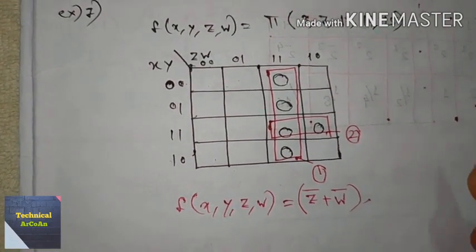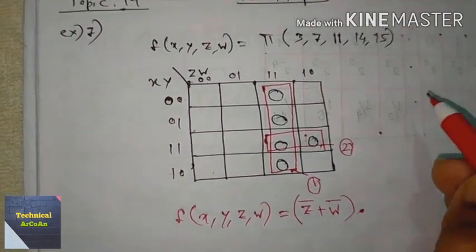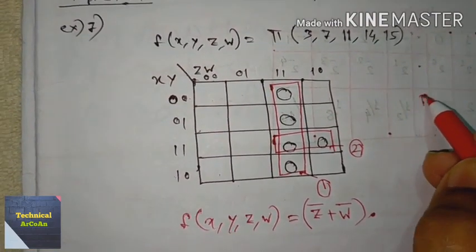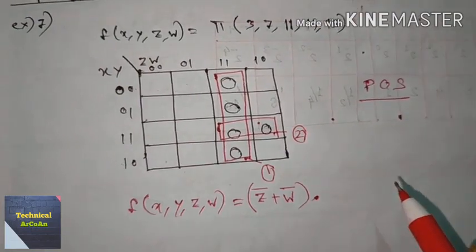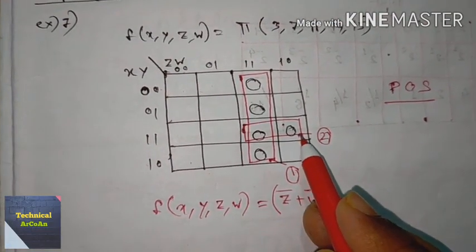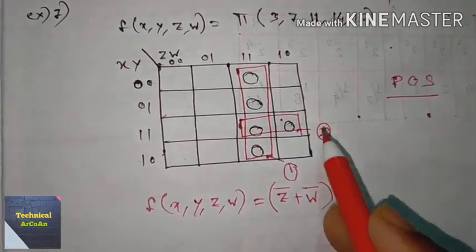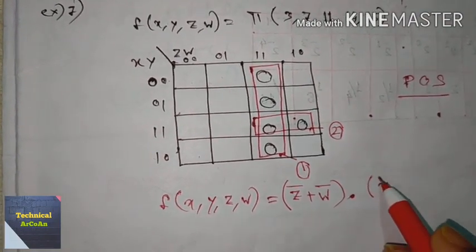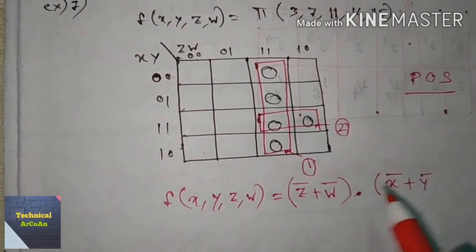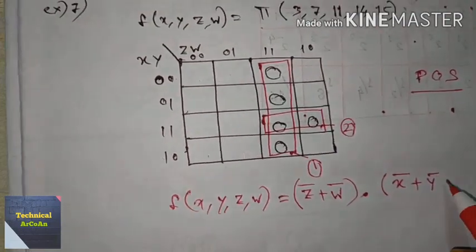And after that, dot, because for max term we know it will be product of the sum. It will be product of the sum. And for this particular group, x, y value will be same. So what will be that? X is 1, that means x complement plus y complement. Why? Both values are 1.